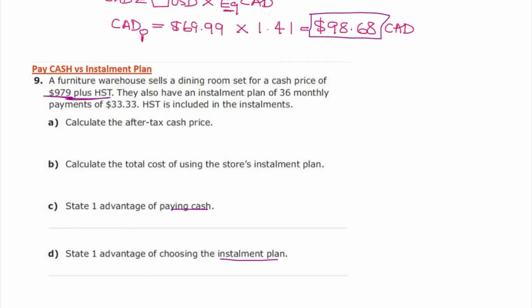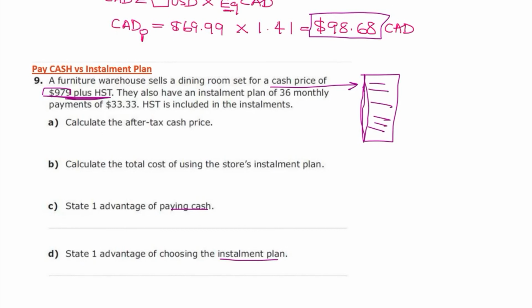If they say plus HST, it means the tax is already included in the regular price, and this is the selling price. This is what you're going to pay in cash upfront. If you have the money, pay this and you're good.